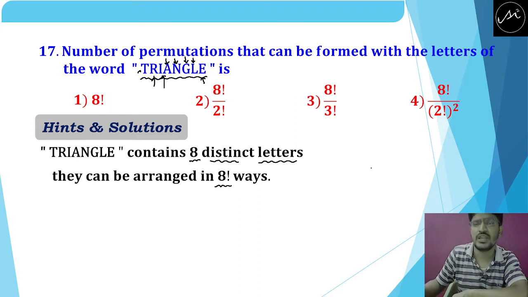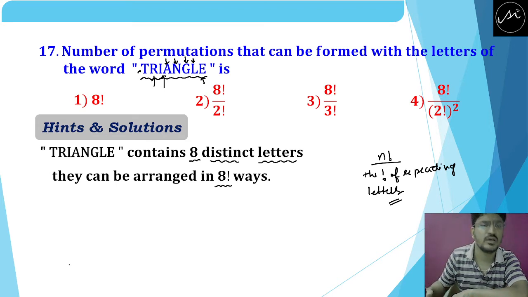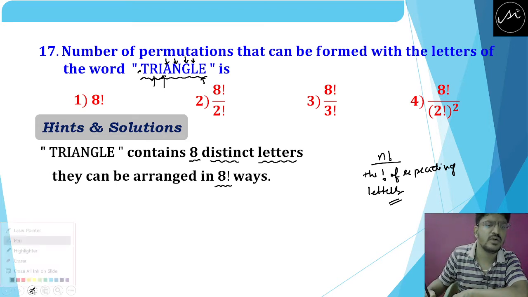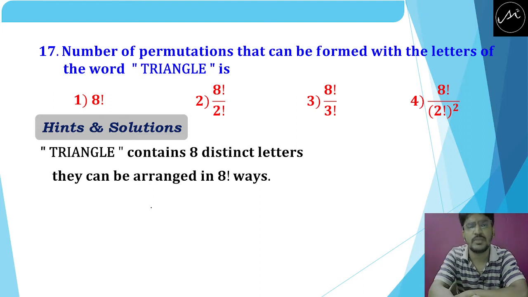If letters are repeating, you use n factorial divided by the factorials of the repeating letters. So this will be your answer. Very simple problem, so no doubts, I think. Option 1 will be the right answer.